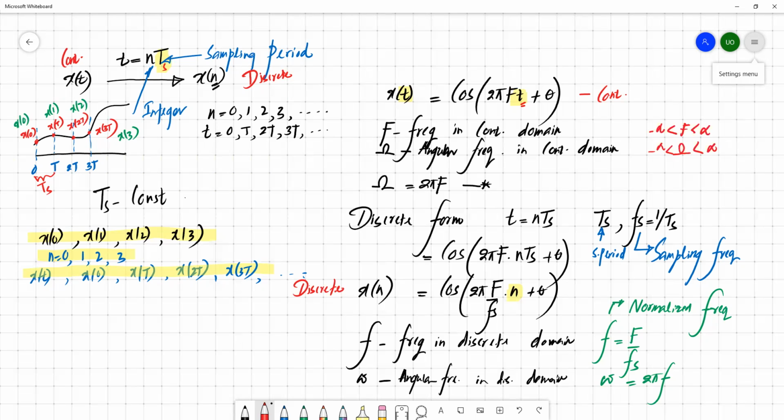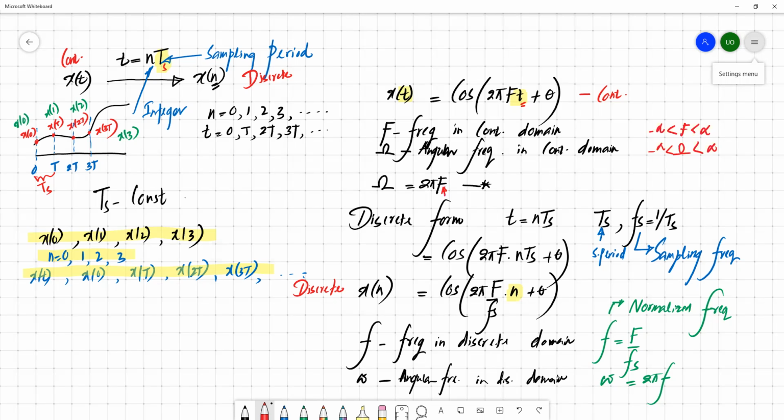So this capital F, the continuous domain frequency, lies between minus infinity and plus infinity. Similarly, the angular frequency is also between minus infinity and plus infinity. So this is the range of the continuous domain quantities.